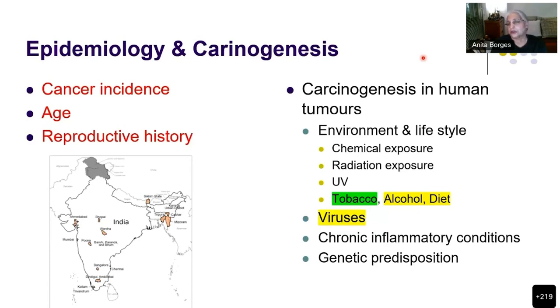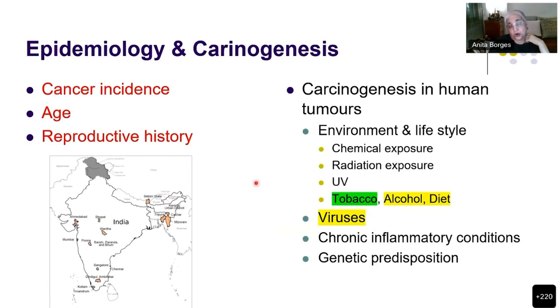And this brings me to epidemiology and carcinogenesis. You cannot be ignorant about the different kinds of tumors that we see in our country, and what in general is the epidemiology of tumors. And in epidemiology, we don't know much. We know a lot about the environment, chemical exposure, radiation, this and that, but we forget the host.